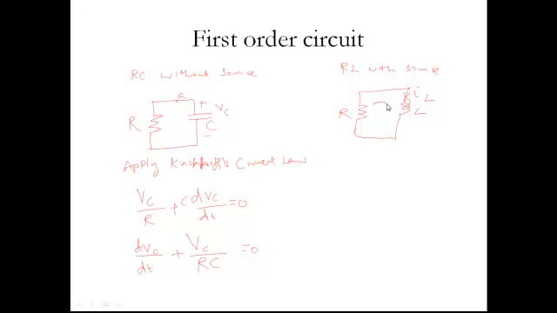Therefore, here you write KVL, Kirchhoff's voltage law. You have to find out the voltage across this resistance and the voltage across this inductance. So voltage across this resistance is nothing but current through the inductance IL into R. Voltage across this inductance is nothing but L into dIL divided by dt, equal to 0.